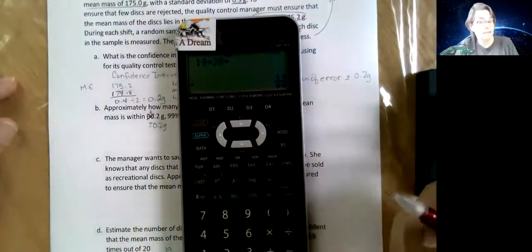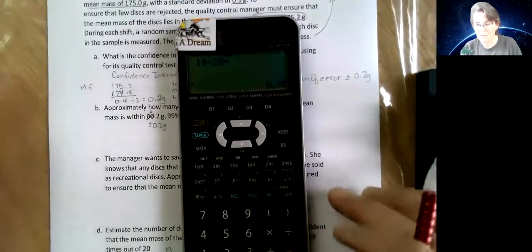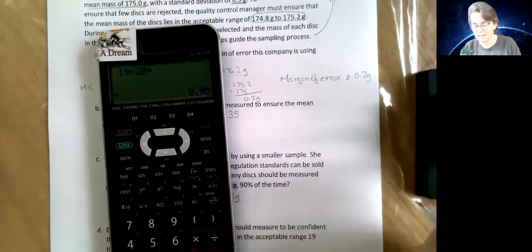It gives me 0.95. It's just a weird setting on my calculator. I keep fixing it and it keeps resetting itself. So that's 0.95, which is 95%.